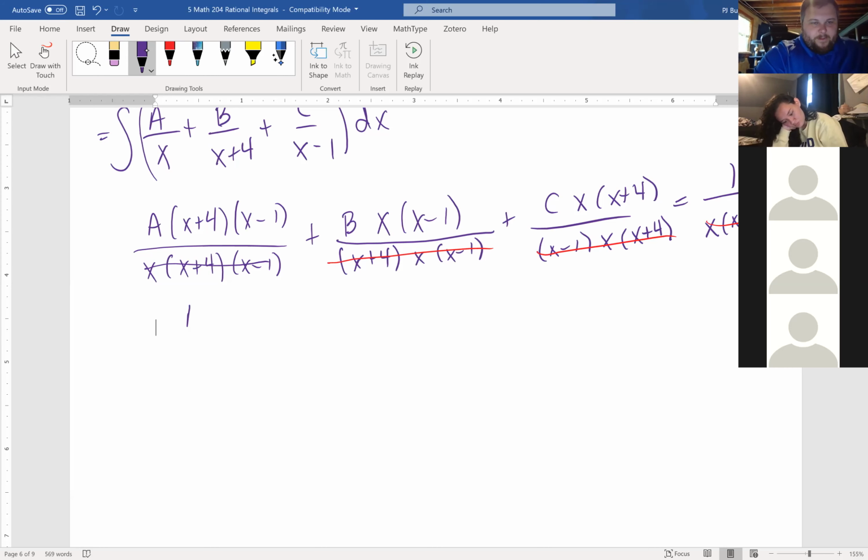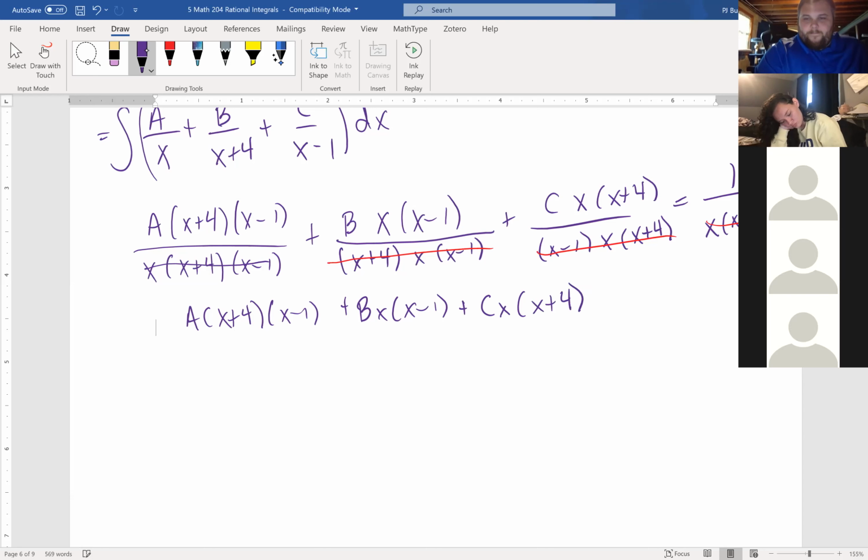So I have a times x plus 4 times x minus 1, b times x minus 1, c times x plus 4, all has to equal 1. So now I got to multiply this all out.